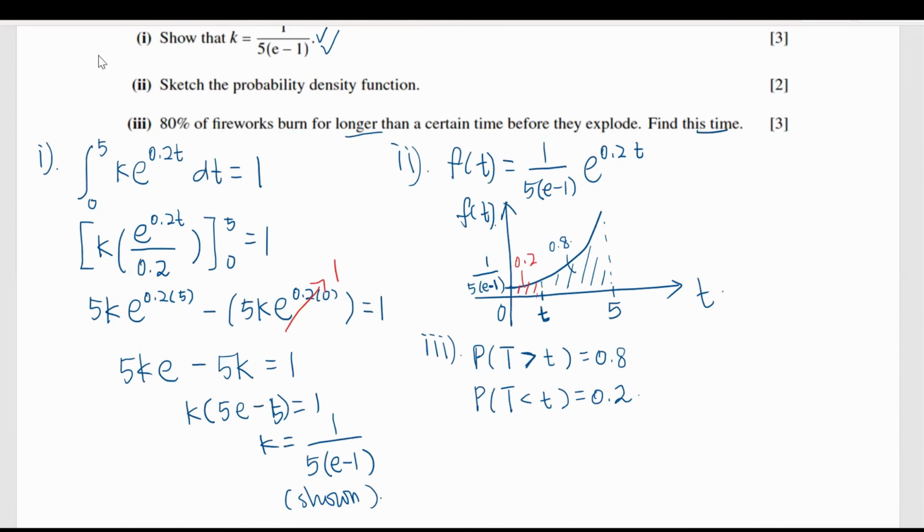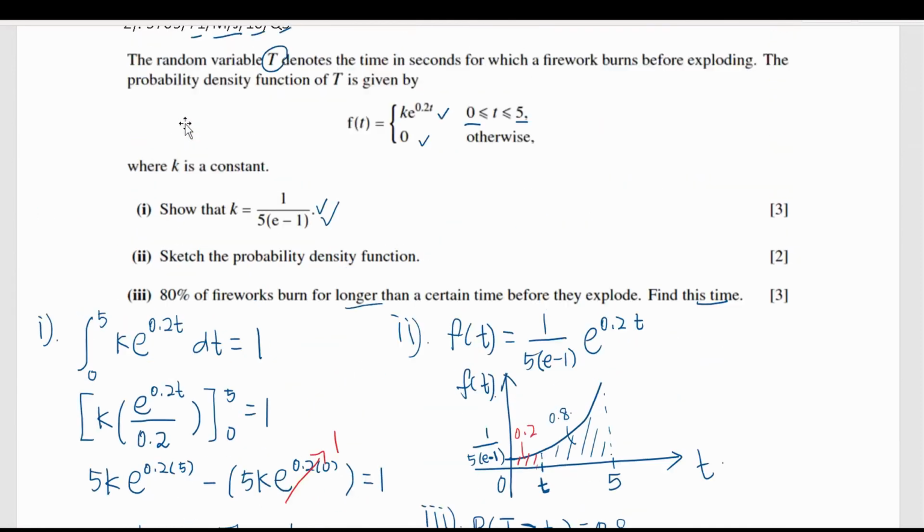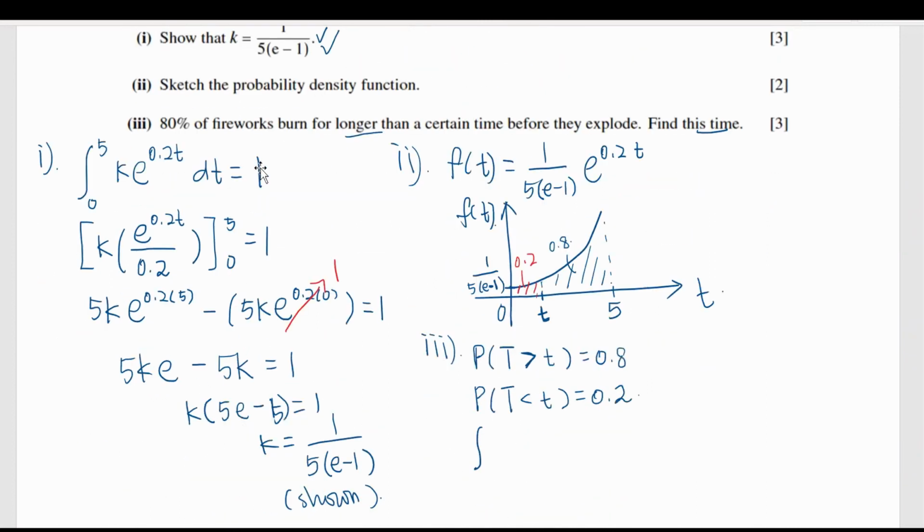Find this time. Okay. So now I'm going to integrate. So less than t. So according to the PDF, the lower limit here is 0. So which means I'm going to integrate from 0 until the small letter t of the PDF. All right, then it equals to 0.2.